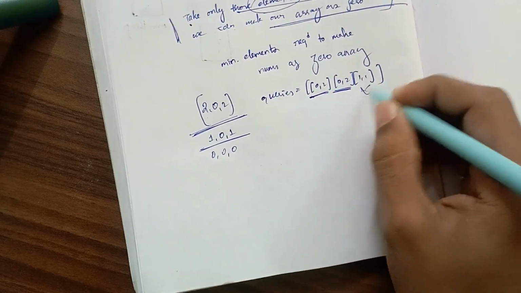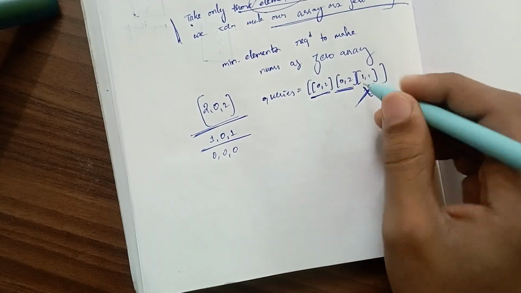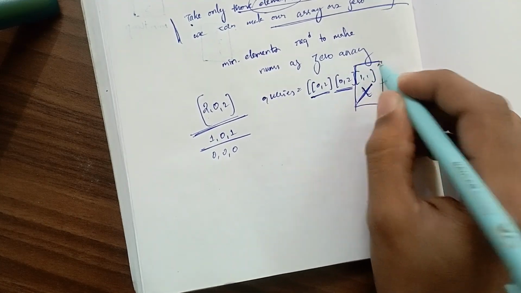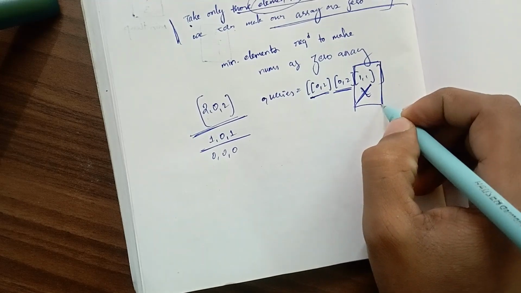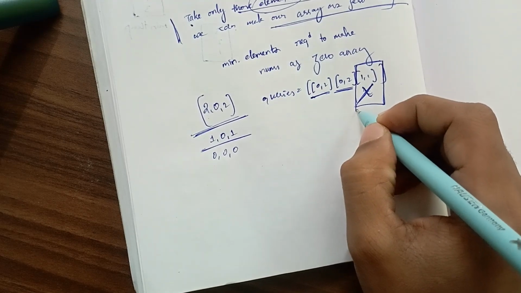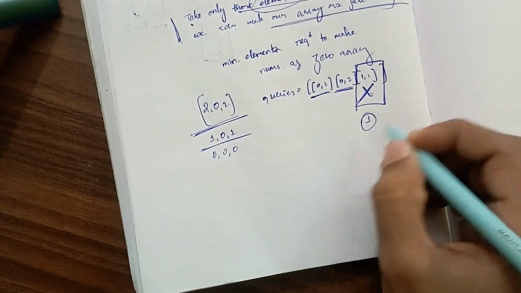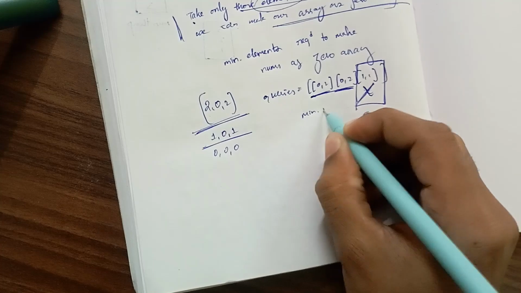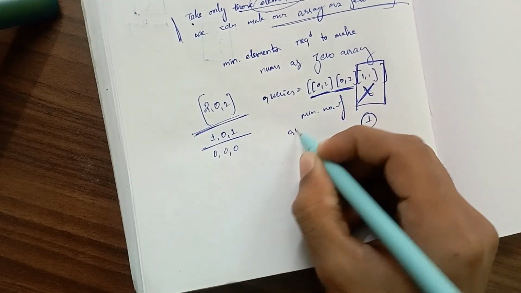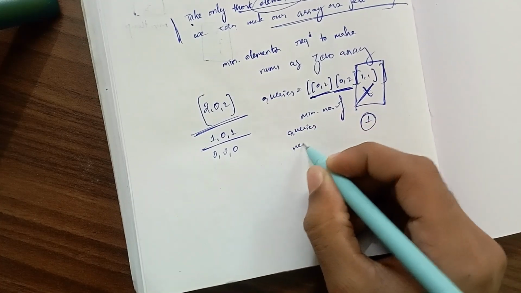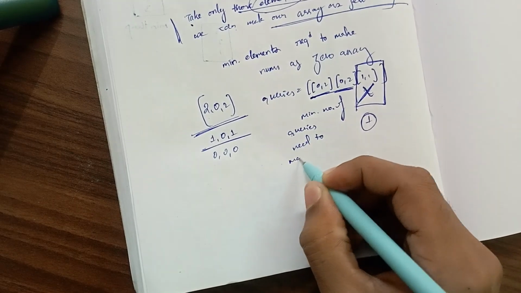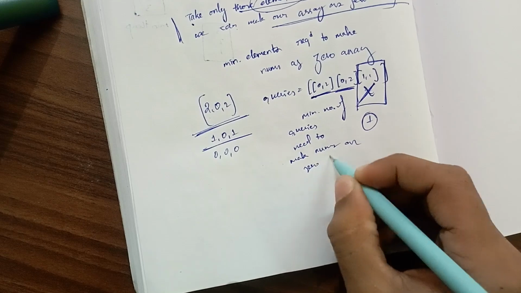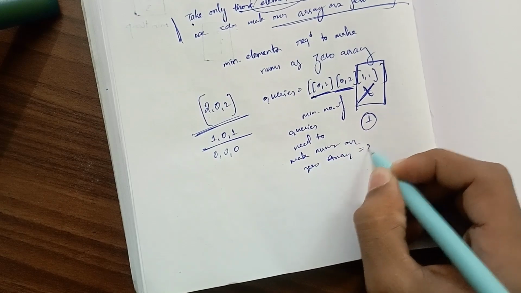Now we don't need the third query anymore. That means the maximum queries that can be removed is 1. Instead, the minimum number of queries needed to make nums a zero array is 2.